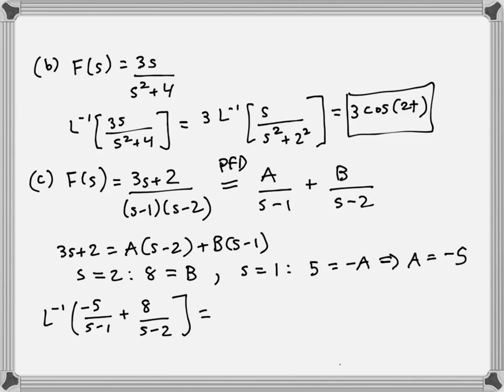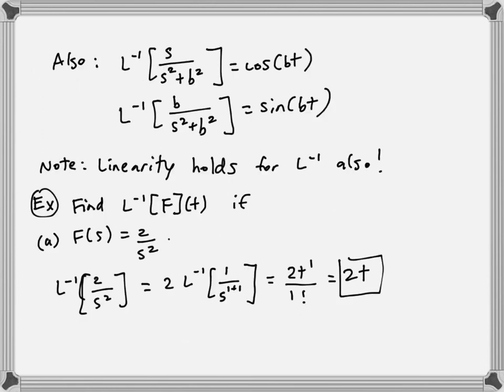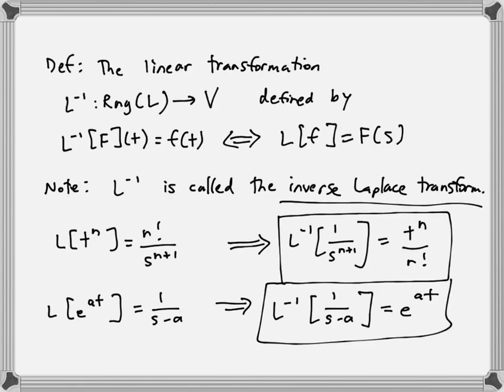So again, I'm going to distribute the Laplace inverse to each of these, and I know I can pull the constant out. And what's the Laplace inverse of 1 over s minus 1? Well, we actually learned that that's just going to be e to the t, right? So this is going to be negative 5 e to the t, and then plus 8 e to the 2t. Again, if we come back to the previous page, we're basically just using this formula right here.